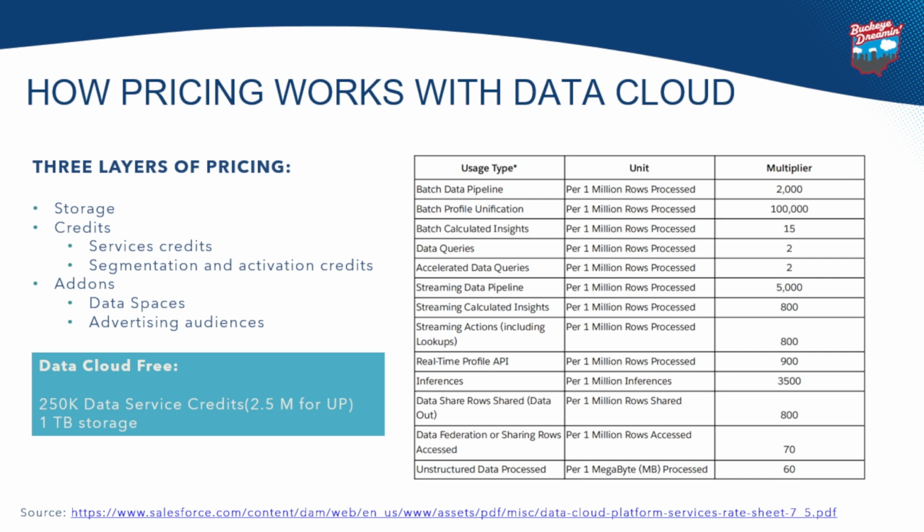So batch means that it's calculated in one batch, right? For example, if you are using the real-time profile API to pull profile data and showing a POS system, for every 1 million rows that you process, that's going to cost you 800 credits. Okay.